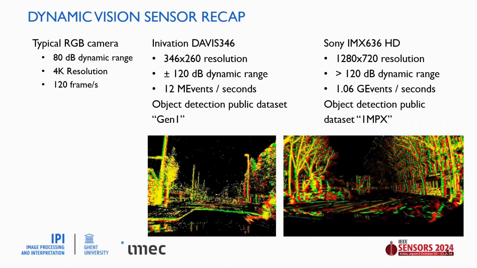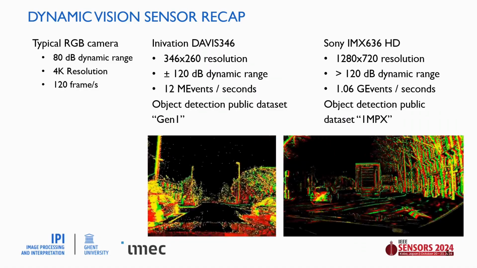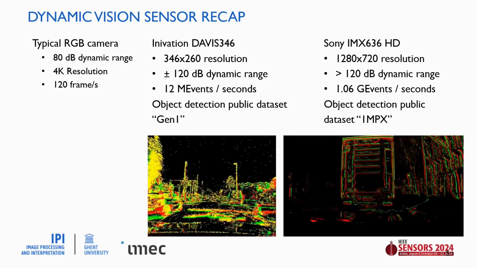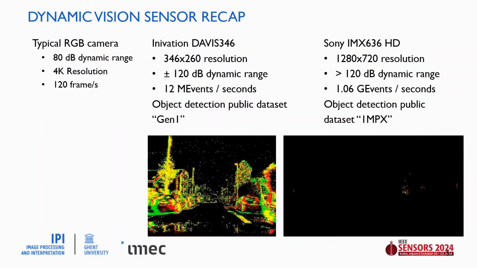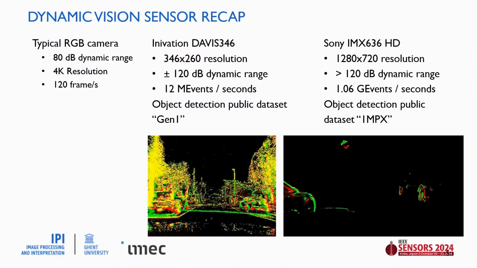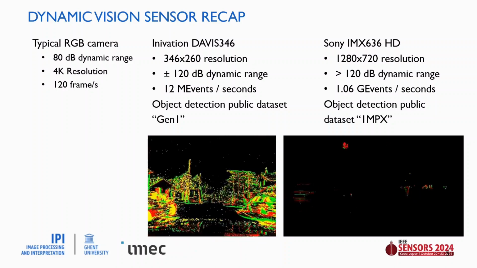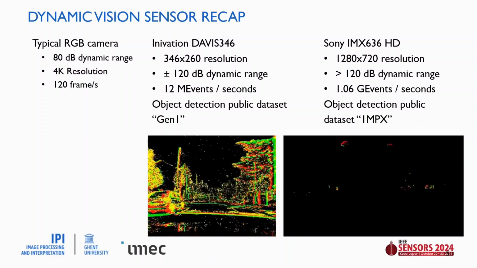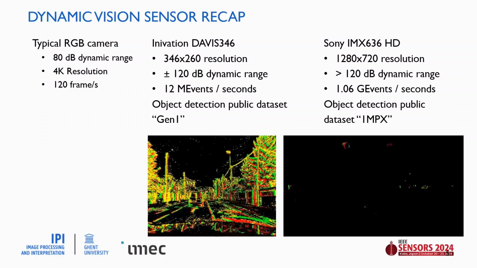So we have chosen these event cameras specifically because they also have public datasets available for the automotive use case. The first one is called Gen 1, from the first generation event camera, and the other one is for the 1 megapixel event camera.